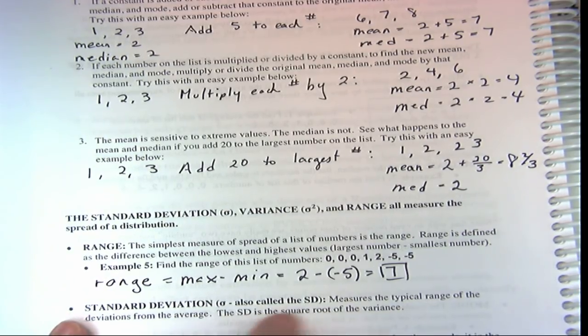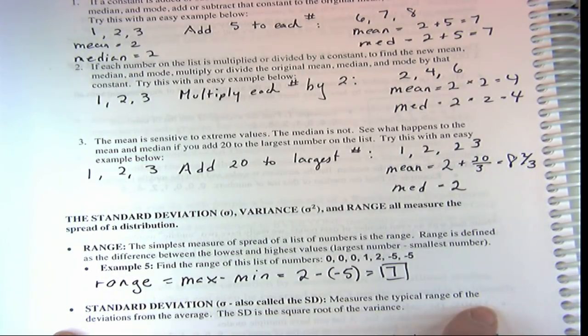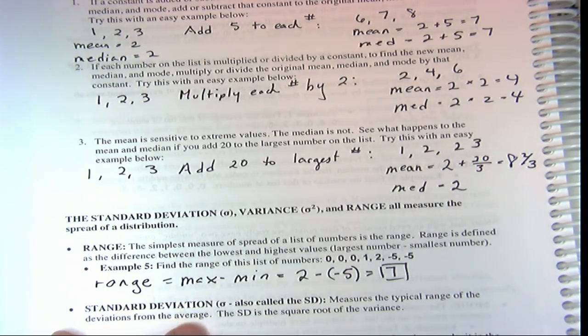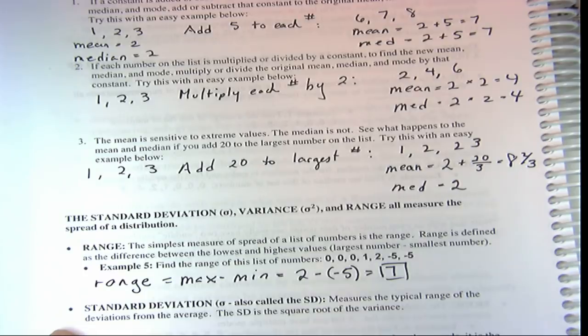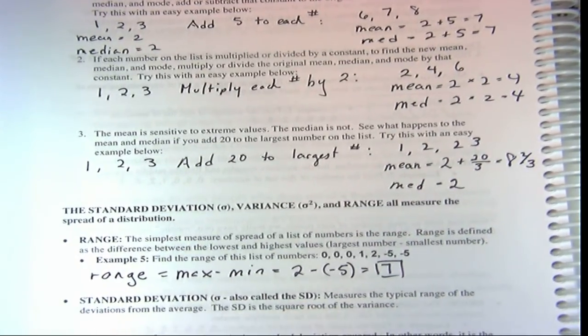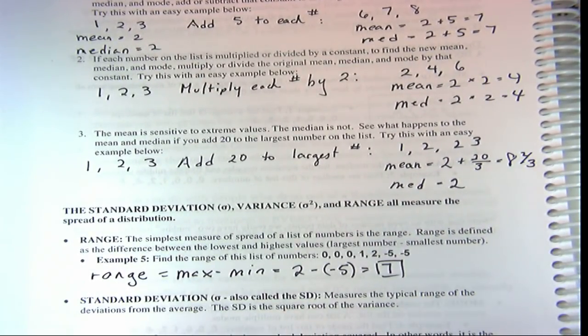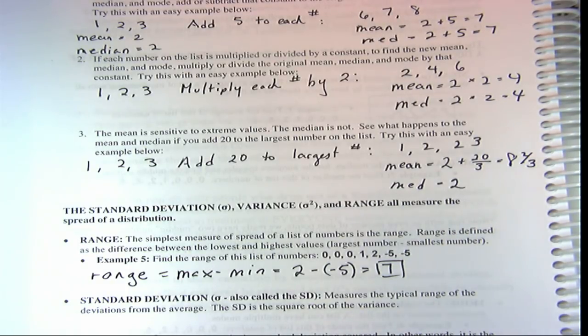So it measures the typical range of the deviations from the average. So it's basically like an average of the distances from the average. It's a little bit different than that. We'll calculate it in a moment. And the variance is just the standard deviation squared.